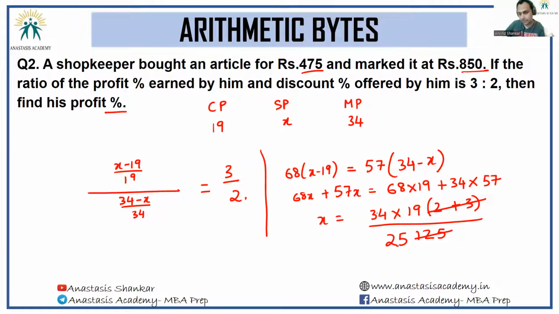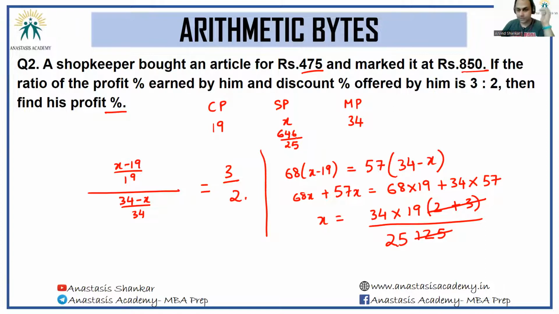So x turns out to be 34 into 19. 34 into 20 is 680, minus 34 will be 646. Okay. I've got 646 divided by 25 here.